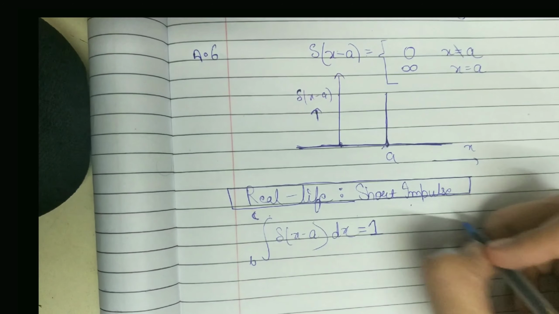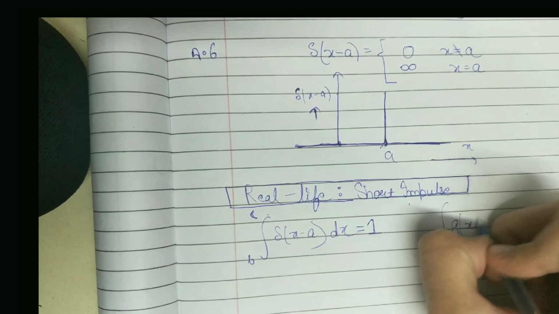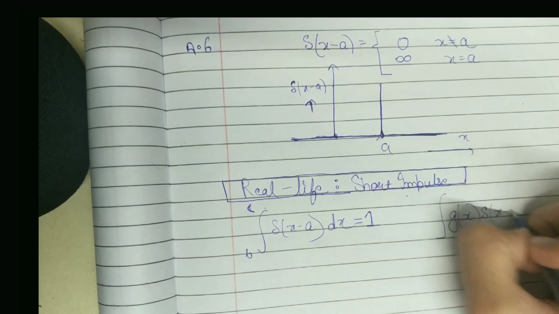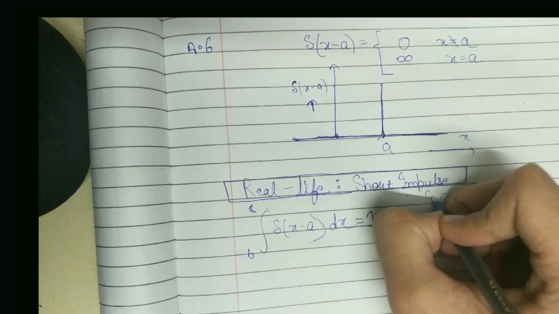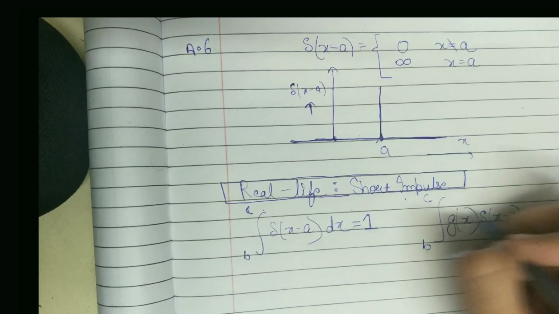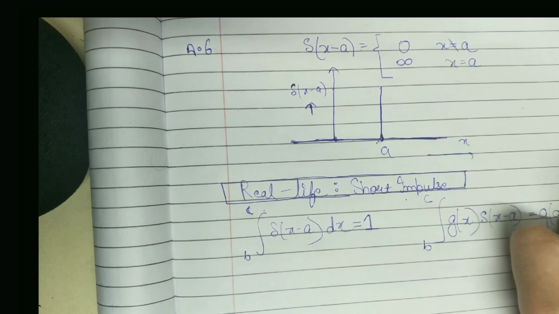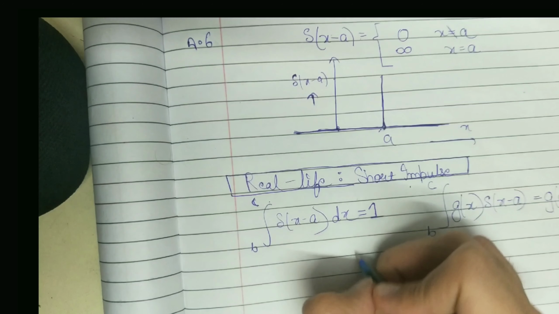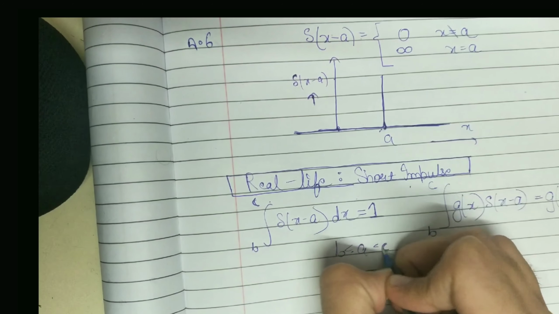And if we have a function g(x) multiplied with the Dirac delta function and integrated with limits from b to c, and a is between b and c, then this is given by the value of g at a. The condition is that a should be between b and c.